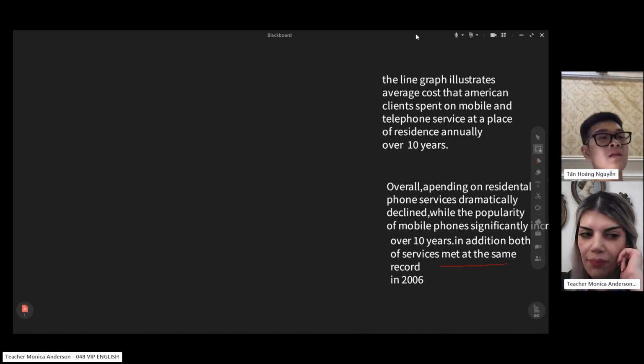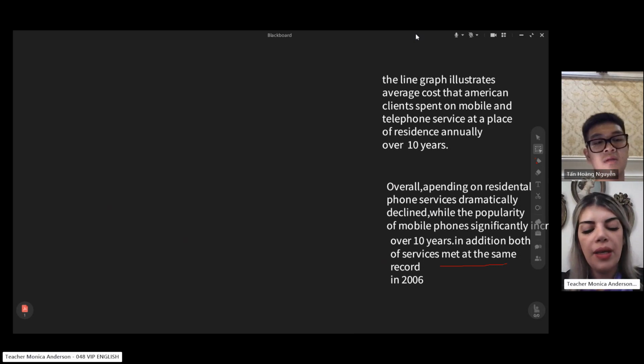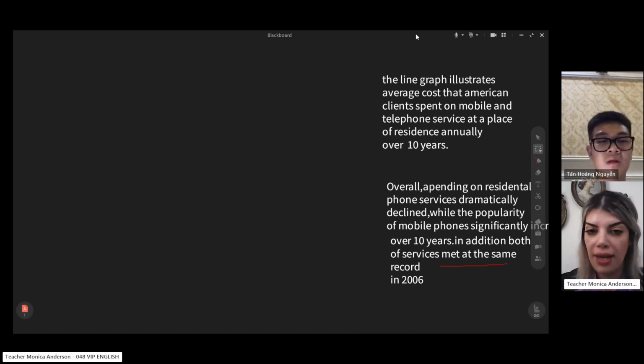Do we need to write that from the first 5 years it decreased, then from this time to the end of the period it increased? Okay, so actually, if you have different periods of time with different changes, you can mention them.